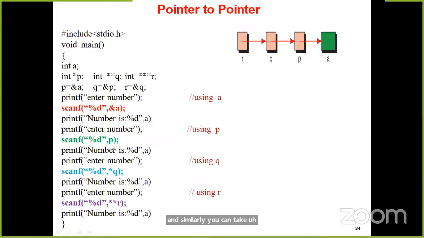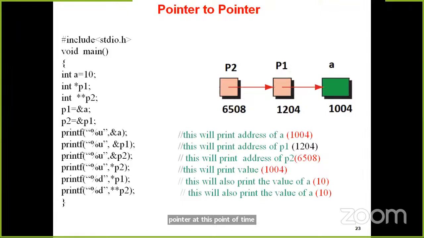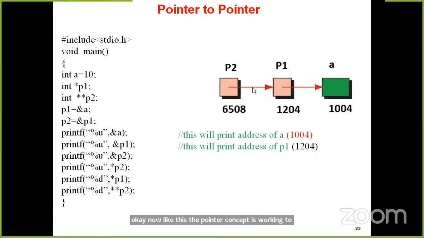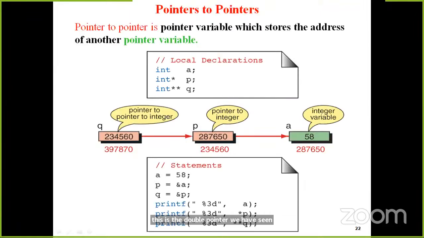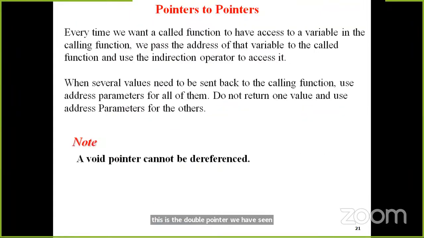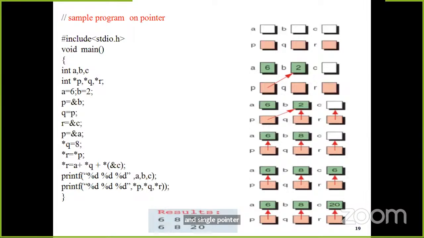So like this you can enter any number of things. It is not an output program, just a sample. But you need to understand just what a triple pointer is at this point of time. This is the double pointer we have seen, and single pointer. This is what we have seen in the previous class.